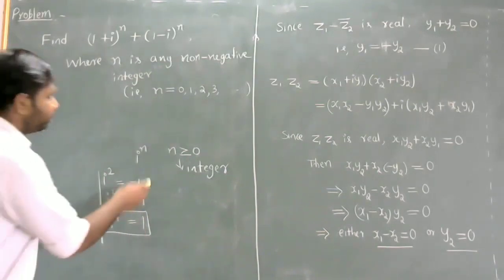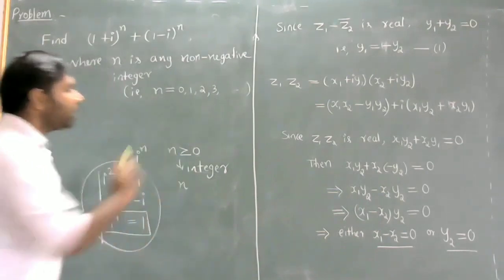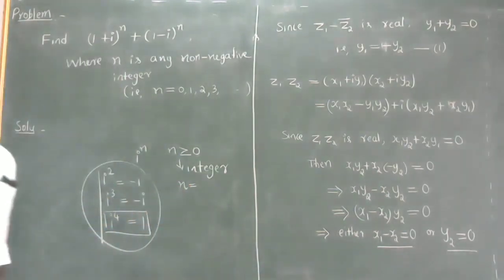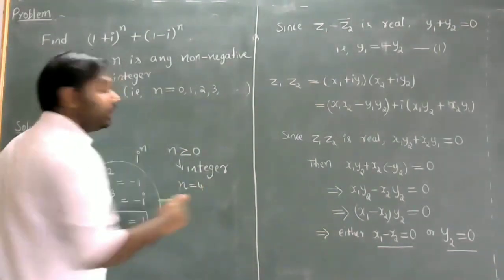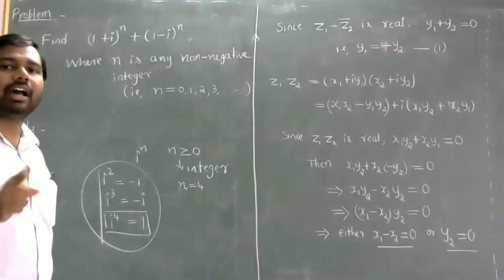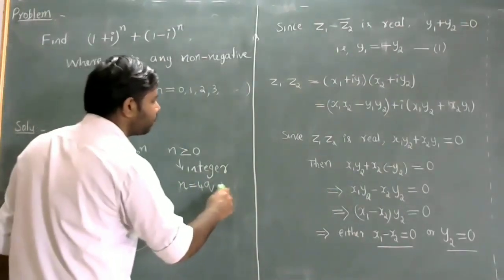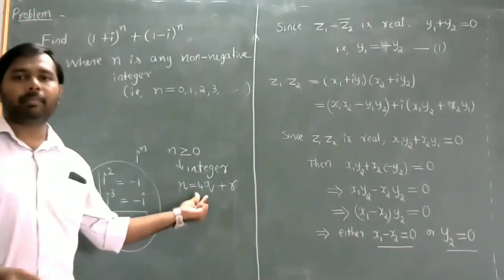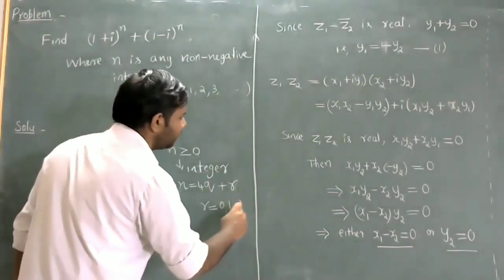So using this idea, given any non-negative integer n, we will divide it by 4. Then by the division algorithm, there exists a unique pair of integers q and r, the quotient and remainder, such that n equals 4q plus r, where the possible remainders are 0, 1, 2 or 3.